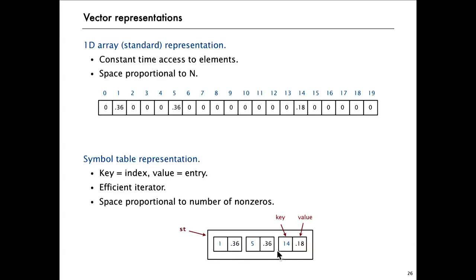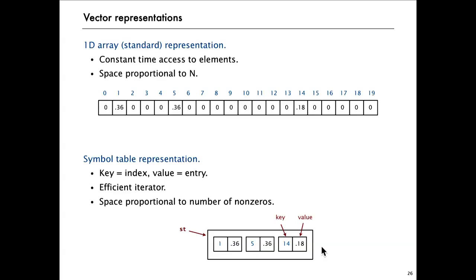So this has the same amount of information. It says that index 1 has 0.36, index 5 also has 0.36, index 14 has 0.18, and so forth. But the space is proportional, instead of to n, just to the number of non-zero entries, which in typical applications may be way, way less.